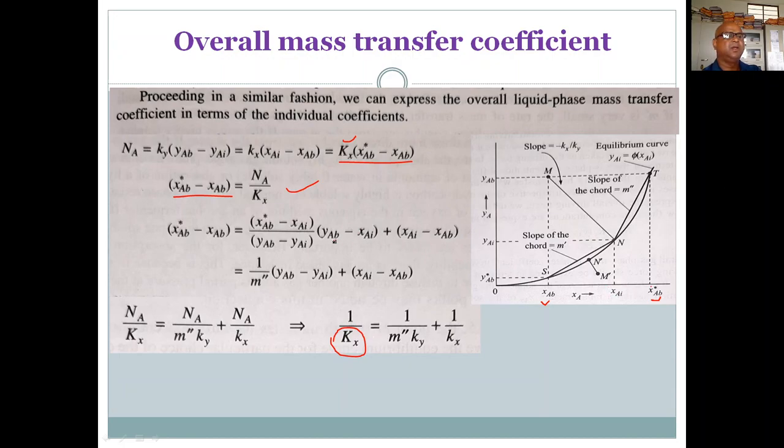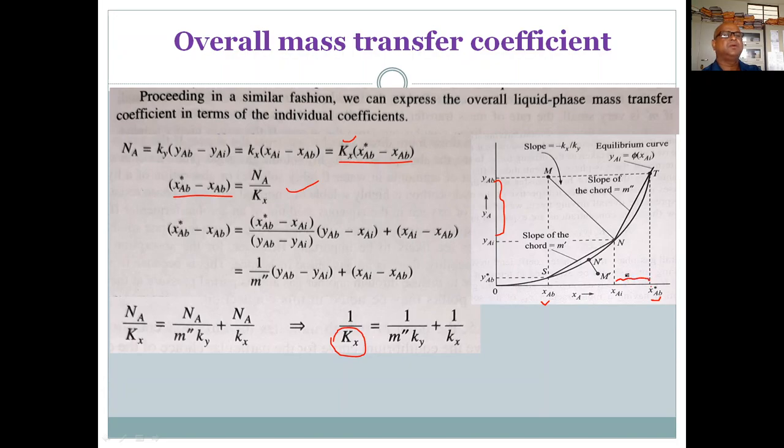Now what I will do, I am dividing by YAB minus YI, and then I am multiplying with YAB minus YI. Now what is this? YAB minus YI by XAB star minus XAI.